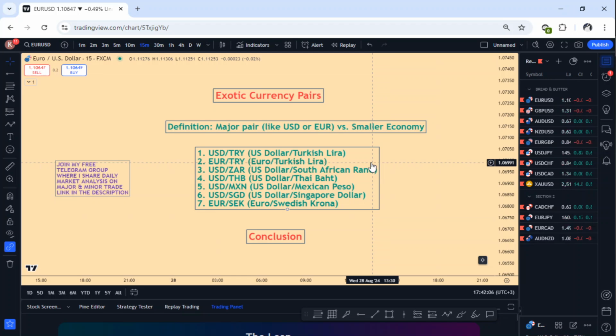The commonly known exotic currency pairs are, for example, USD/TRY, the Turkish lira, USD/ZAR, the South African rand, USD/THB, the Thai baht, USD/MXN, the Mexican peso, USD/SGD, the Singaporean dollar, and so on and so forth.